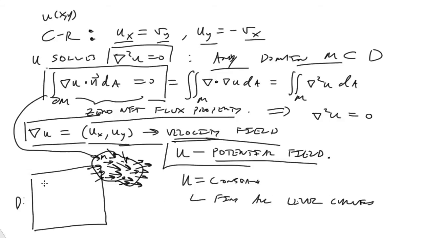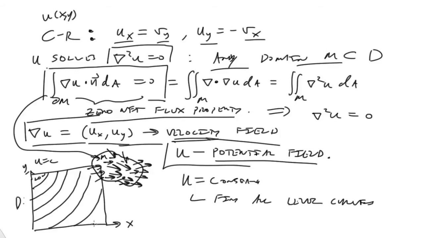So for instance, I can say U is equal to C, and there's some set within the plane where U is that constant. Maybe we can start at a low C value, and then as we go higher and higher here, I'm just drawing this as a particular example, say, C is large.